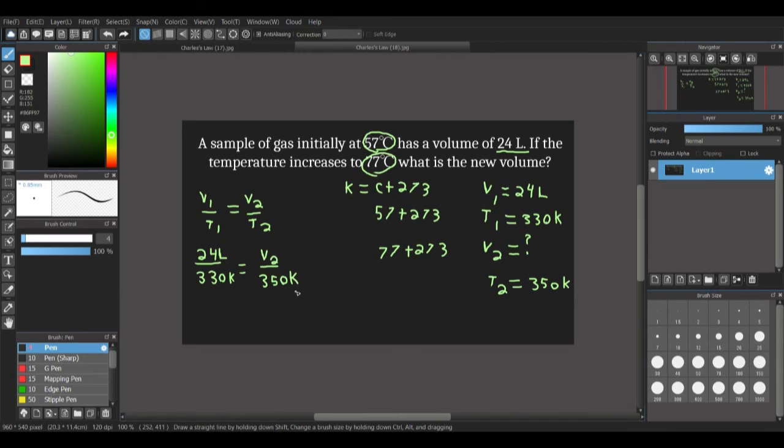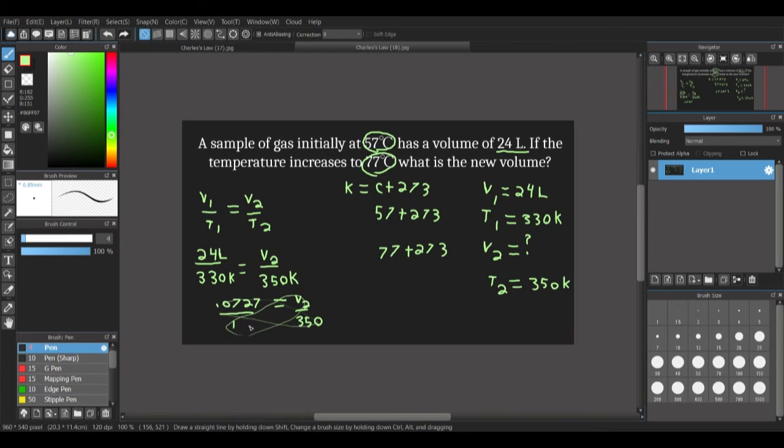We're going to start by doing the math on the left, which gives us 0.0727. I'm going to round everything to 4 decimal places for now, because the decimal repeats forever. And then that equals V2 over 350. To finish solving, we have to cross multiply.